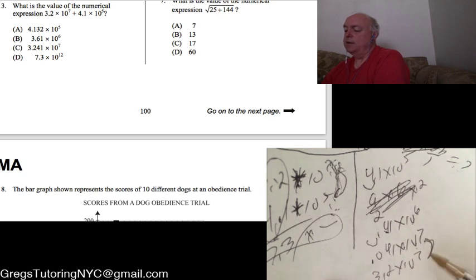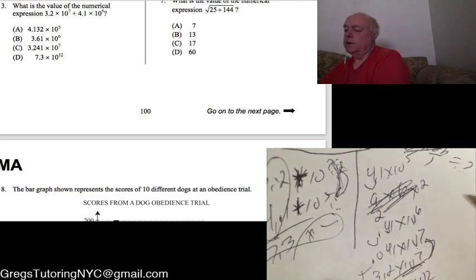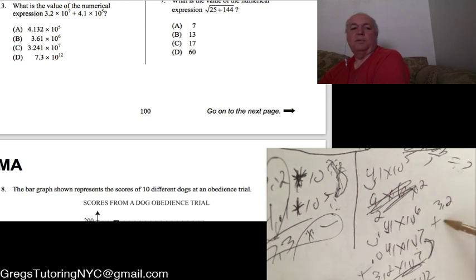So now these match. So now I can add them. So I'm going to get something times 10 to the 7th. So I'm going to get 3.2, sorry, I was sloppy there, plus 0.041, and I'm going to get 3.241. So I get 3.241 times 10 to the 7th, which turns out to be C.